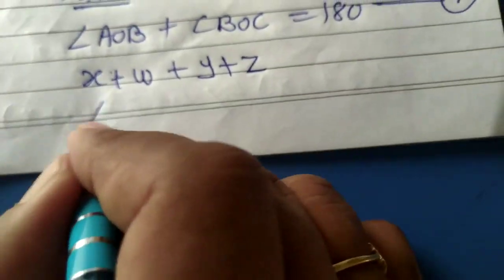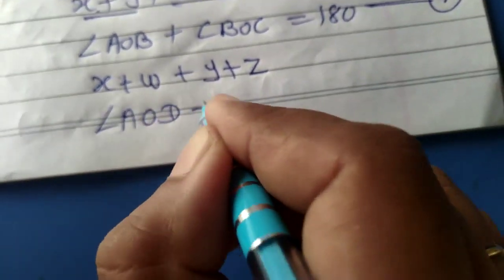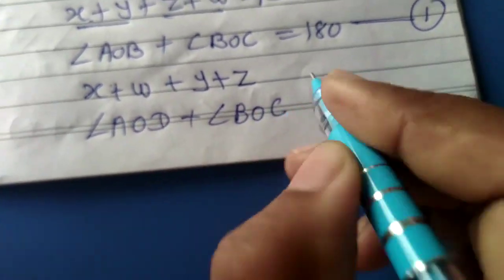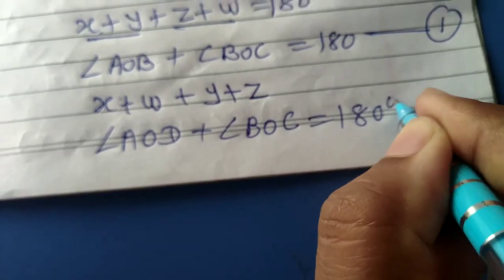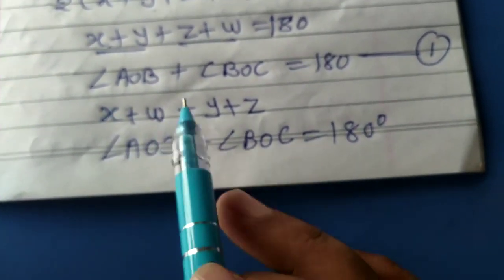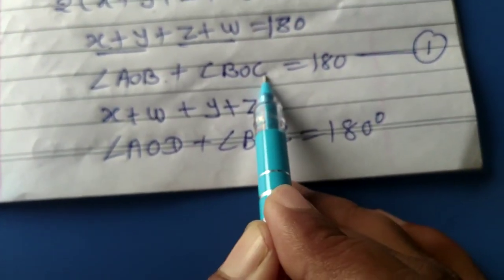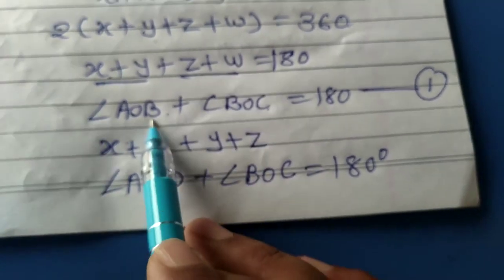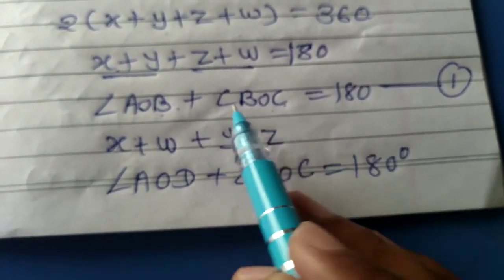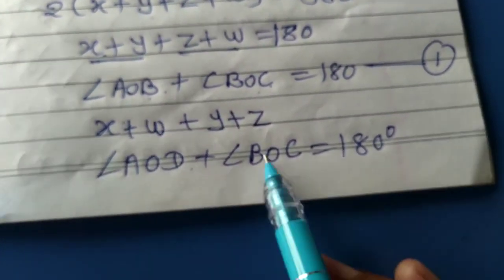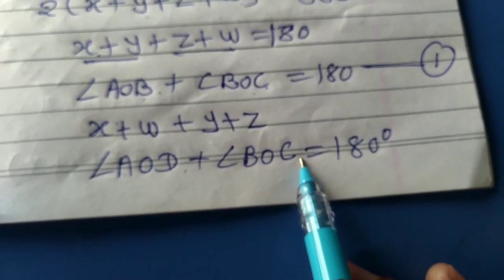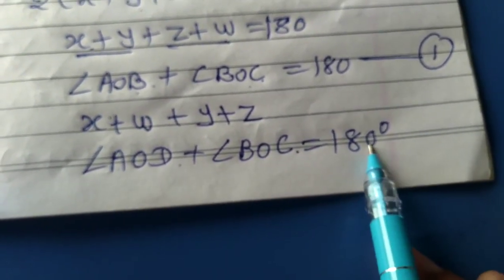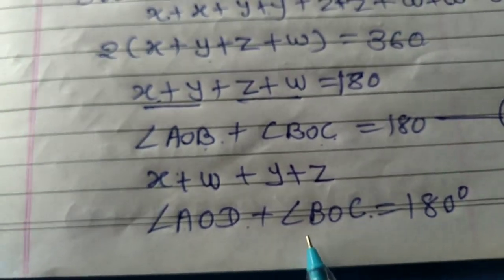So angle AOD plus angle BOC equals 180 degrees, means the opposite sides AD and BC subtend supplementary angles at center O. That is the proof.